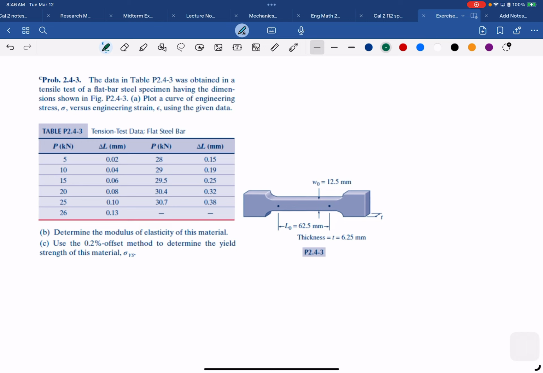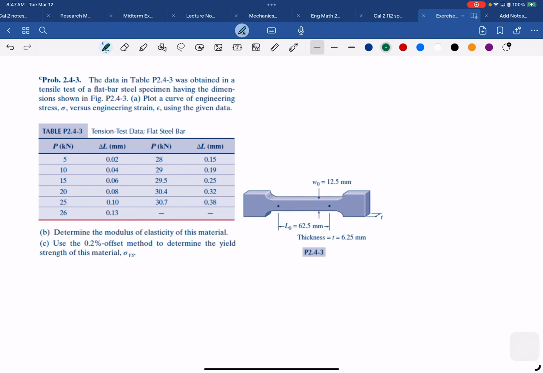So the 0.2% will be here, okay? 0.002, the strain. So at this point, you can plot and make the line parallel with this. You make this line here, and you get some point on the curve. And this point will be your yield strength. And you can just estimate how much it is.